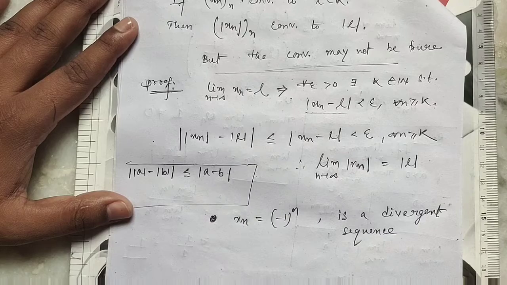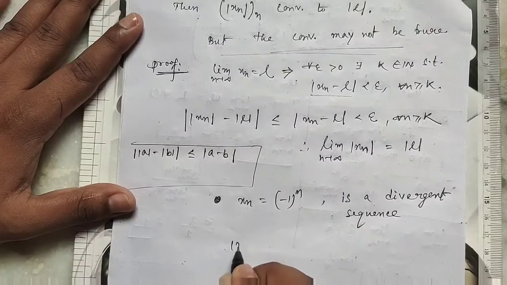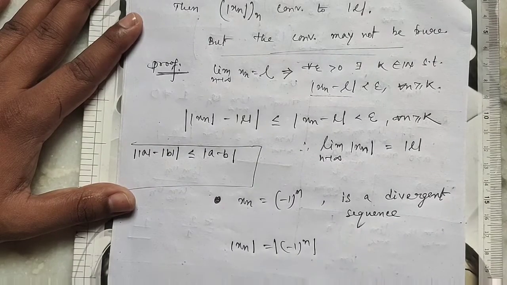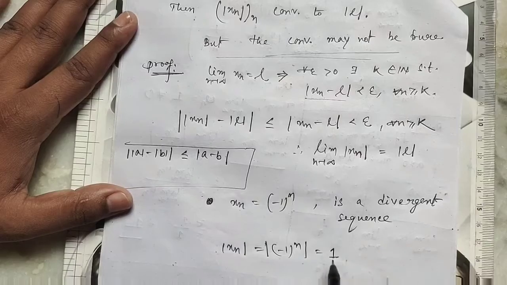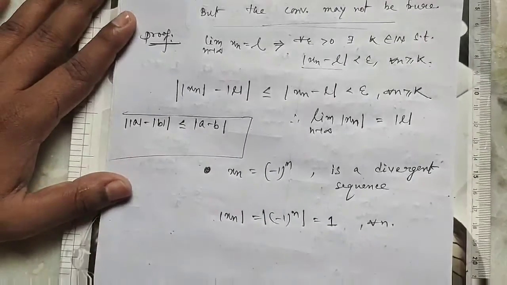Clear? We discussed divergent sequences in the previous class. This is a divergent sequence, but mod of xn is equal to mod of minus 1 whole to the power n. Okay, so this is 1 for every n, this is 1.